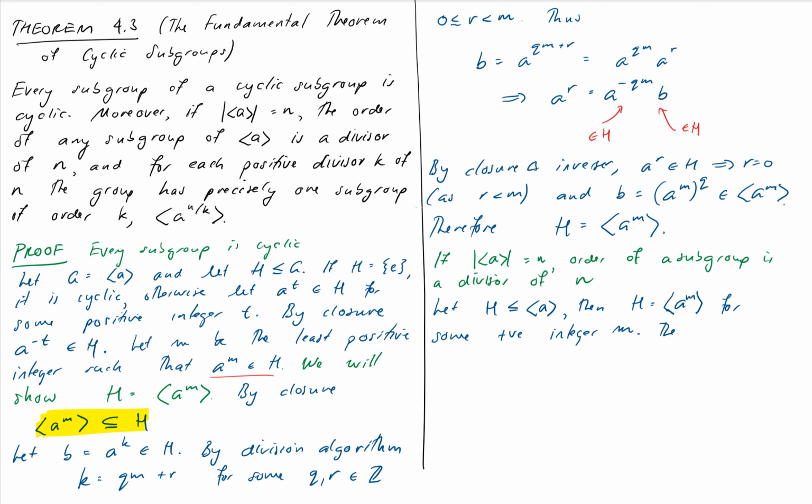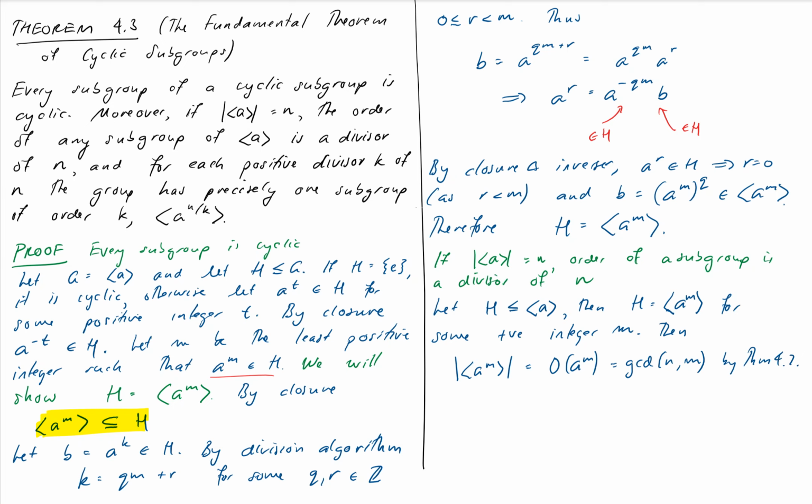Then the order of the cyclic subgroup generated by A to the M, by our theorem from the previous video, is equal to the order of A to the M, which equals the GCD of N and M, by theorem 4.2.